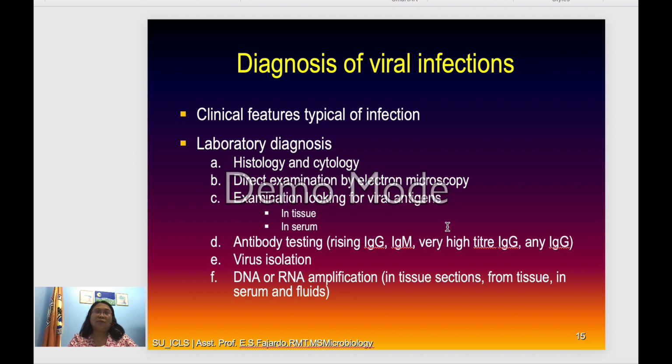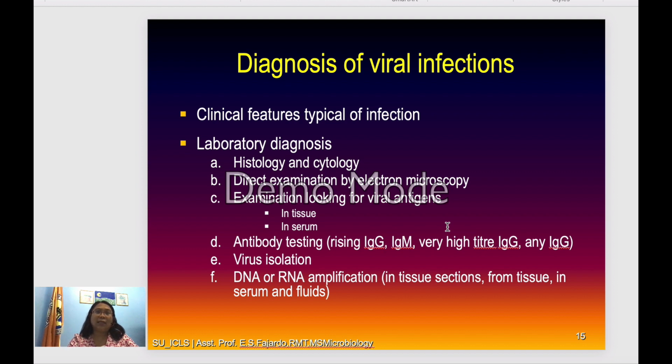So with regard to viral diagnosis, there are many ways by which viruses can be diagnosed clinically and in the laboratory. The infection can be diagnosed via the manifestations, the symptoms, the signs.